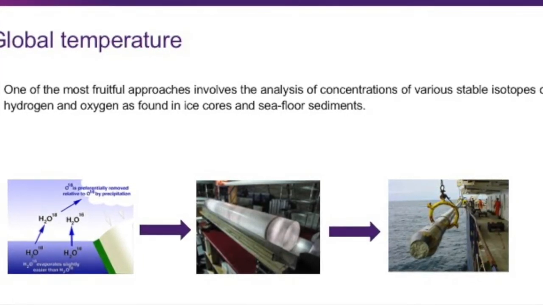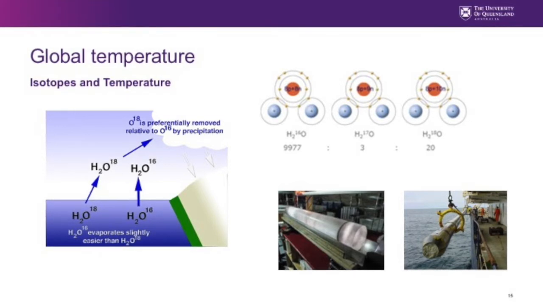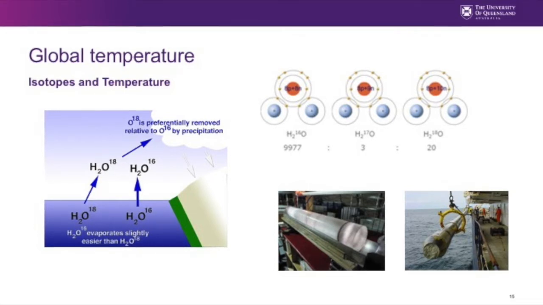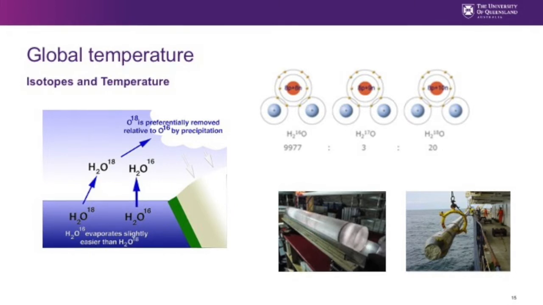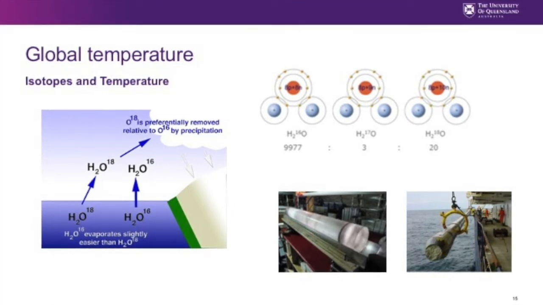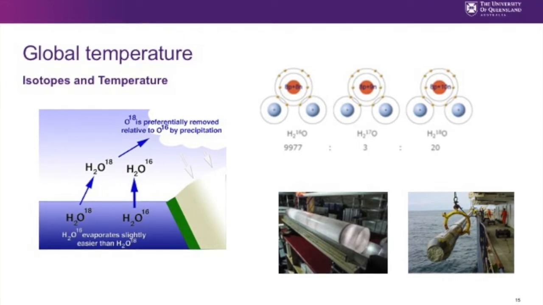Basically, we have different stable isotopes and also unstable isotopes in each element. And some stable isotopes can actually tell us geological time and about events. In the molecule of water, we can have isotopes of hydrogen and isotopes of oxygen.